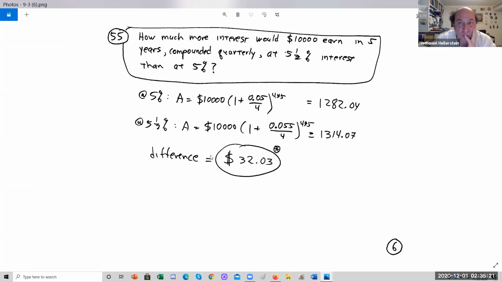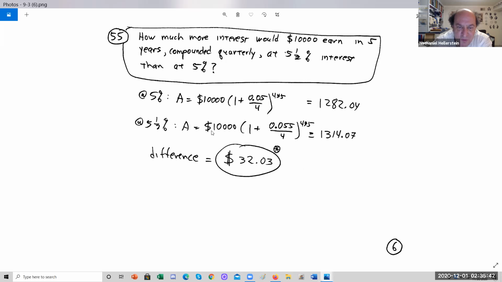How much more interest would $10,000 earn in 5 years, compounded quarterly, at 5.5% interest than at 5% interest? Okay, at 5% interest, the amount is 10,000 times 1 plus 0.05 over 4 to the 4 times 5.